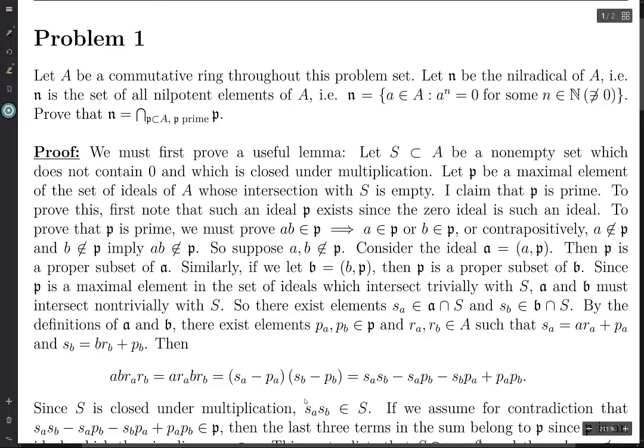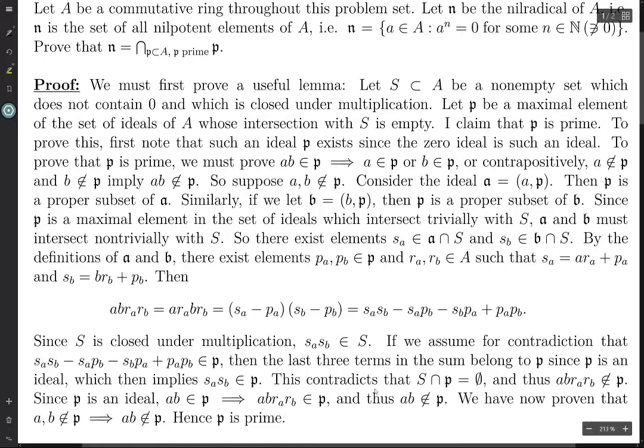We know S is closed under multiplication, so this term is in S. Now assume for contradiction that this sum here is in P. Then since P is an ideal, this term and this term both contain elements of P as factors.